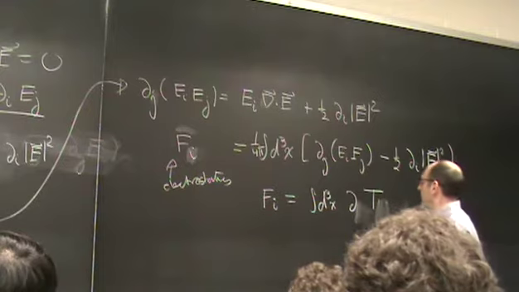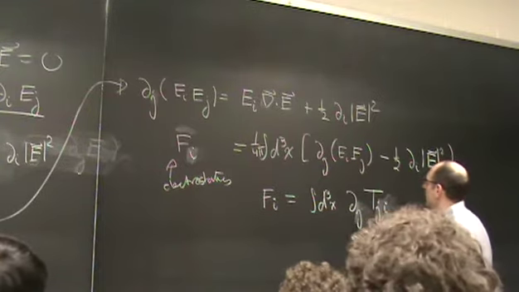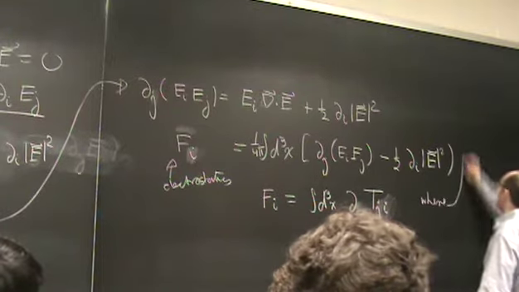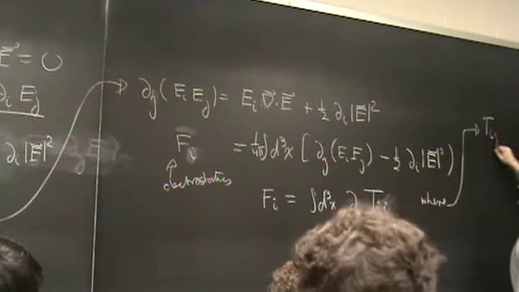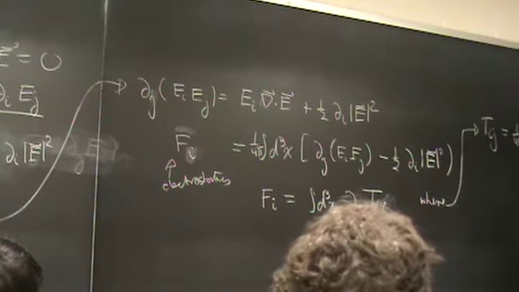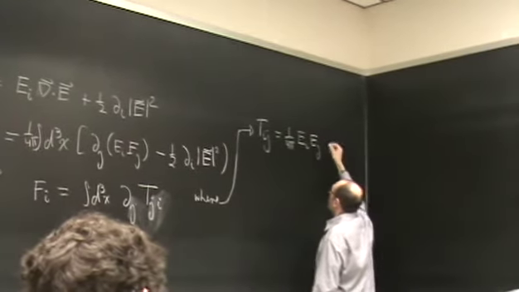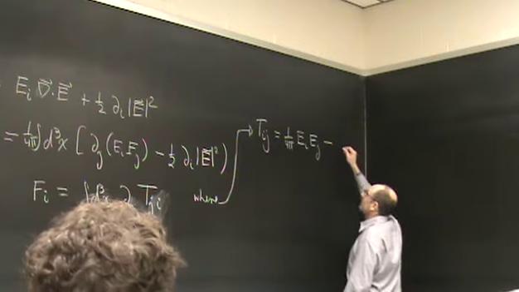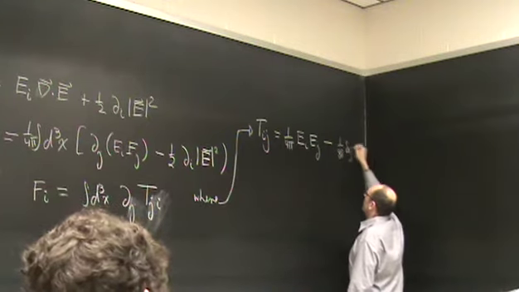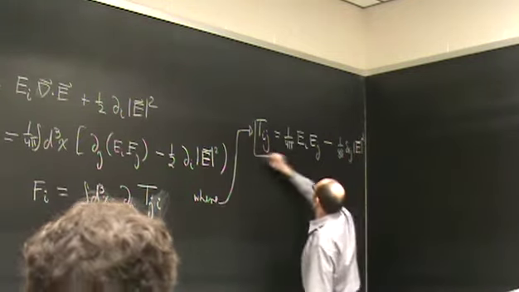Actually, I'll call it T i j, where T i j is equal to 1 over 4 pi E i E j minus 1 over 8 pi delta i j magnitude of E squared.